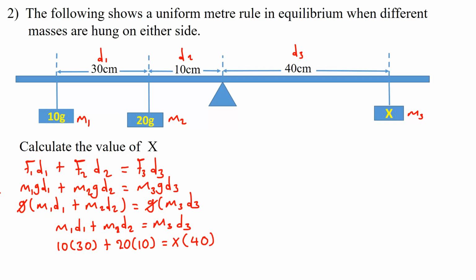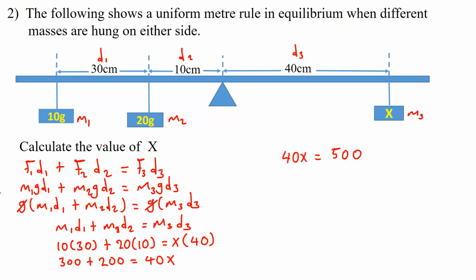So let's multiply 10 and 30. 10 multiplied by 30, you have 300, plus 20 multiplied by 10, you have 200, and then equal to 40x. Let's add the 300 plus the 200, it will give us 500.